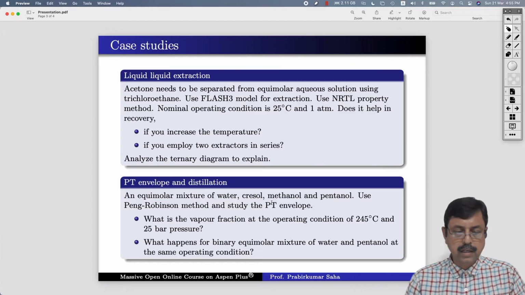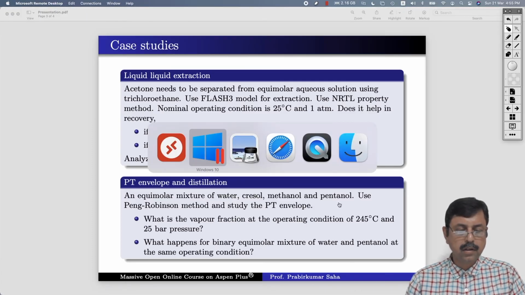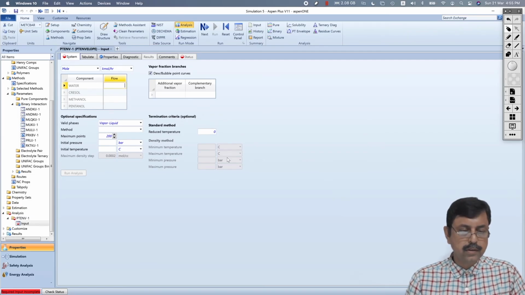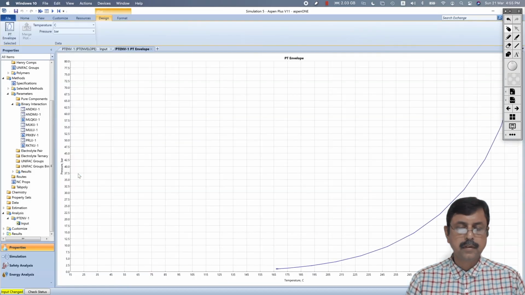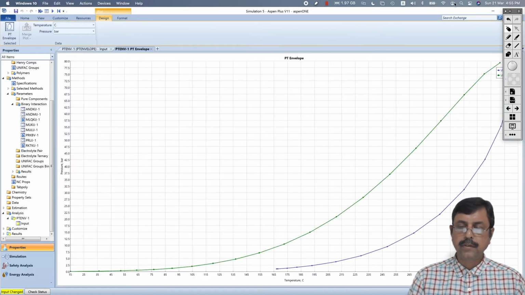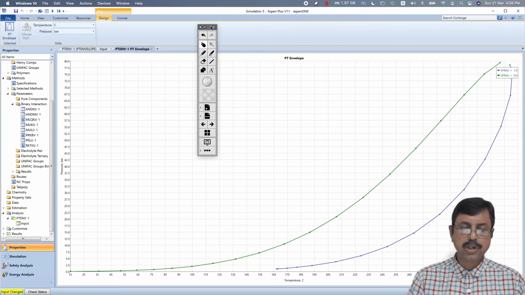Equimolar mixture of water, cresol, methanol, and pentanol. So it is 1, 1, 1, and 1. And run analysis. So this is the PT envelope we have got.